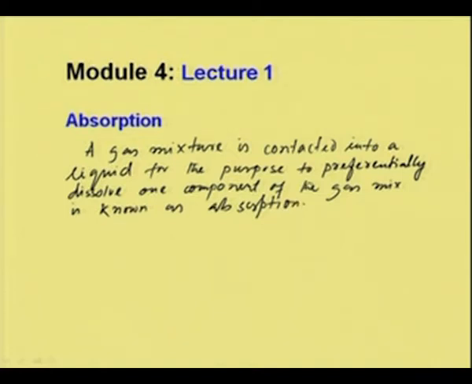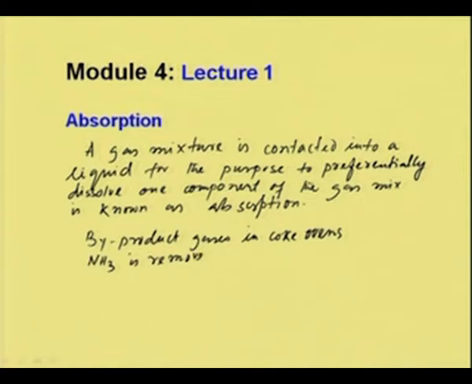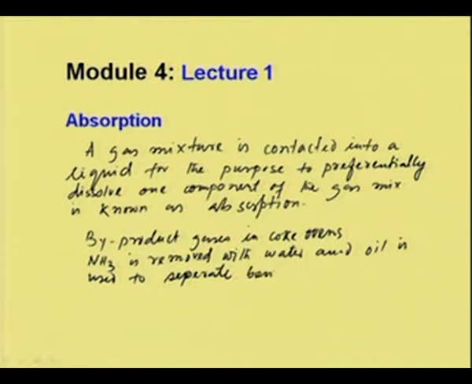For example, if we take byproduct gases in coke ovens, ammonia is removed with water, and then oil is used to separate benzene and toluene vapor.